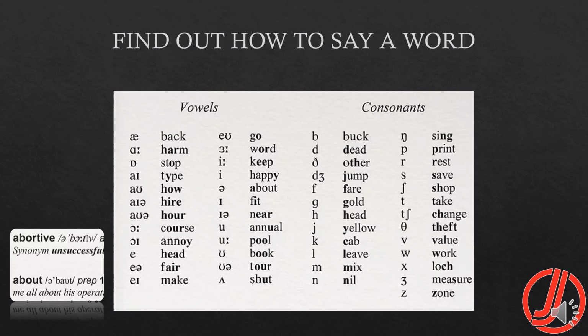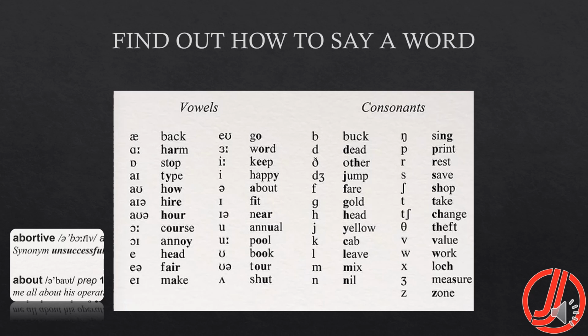So if we know these symbols, we can get to know the exact pronunciation of a word. For example, about. On your left side, you can see the word in the smaller picture. We see that there is first a schwa sound. The schwa is the tiniest sound, the smallest sound. So this will be pronounced as about, about.